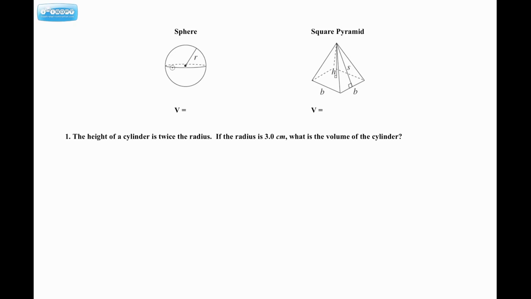Okay, how about a sphere? I've given you the formula for the surface area of a sphere. That was 4 pi r squared. What about the volume of a sphere? I'm actually going to write it in two different ways. One is the number 4/3 times pi times the radius, but it's cubed this time.